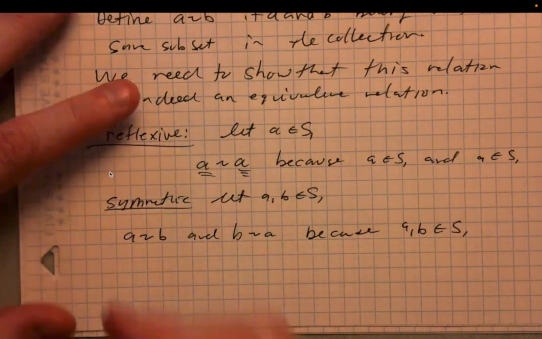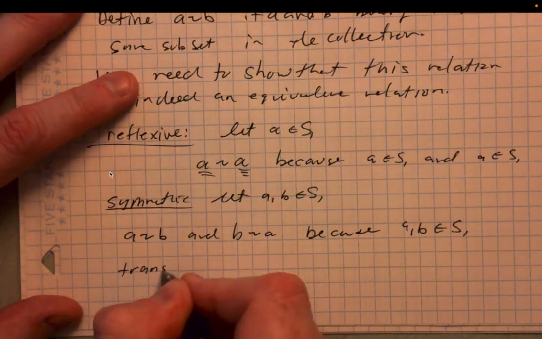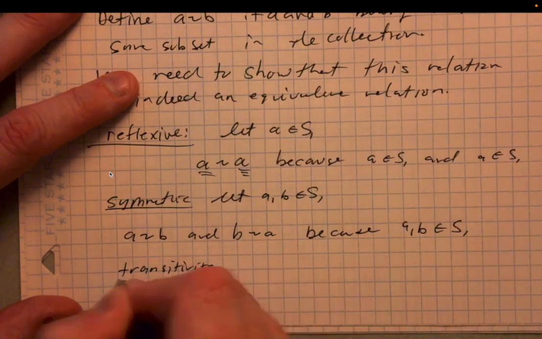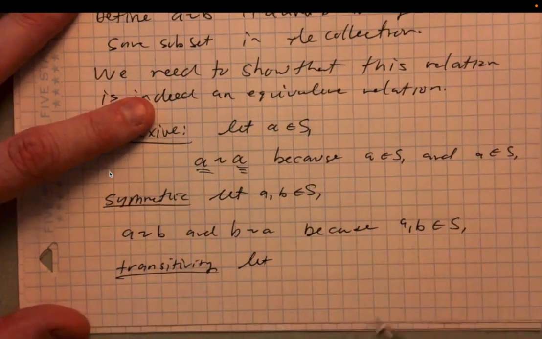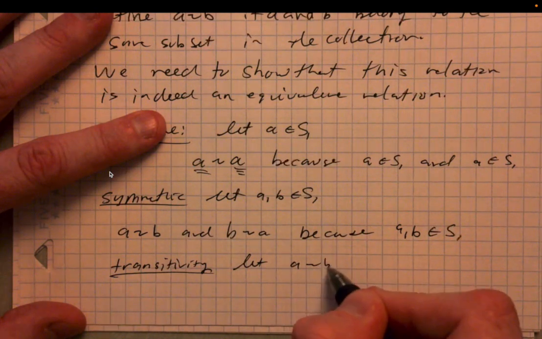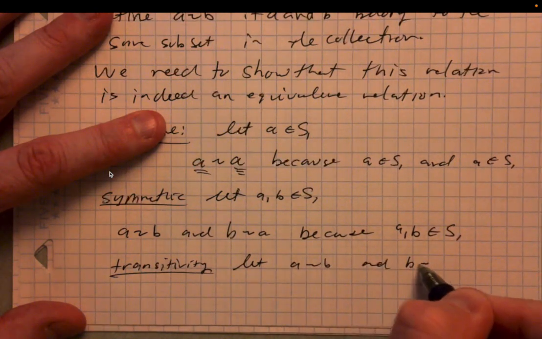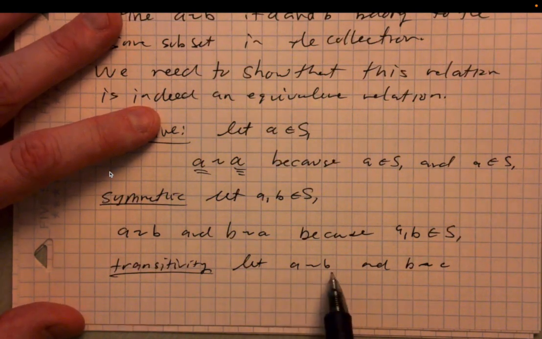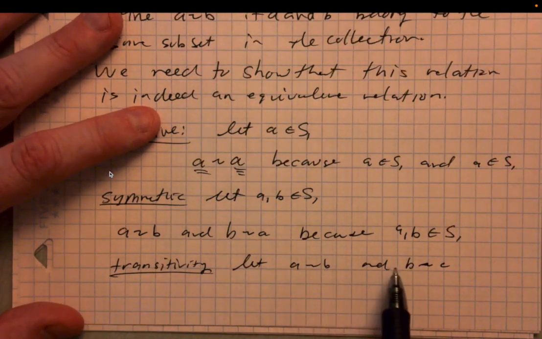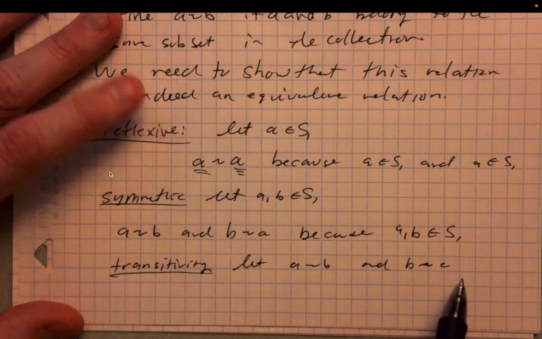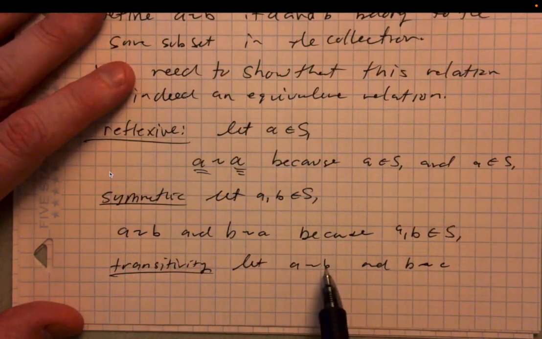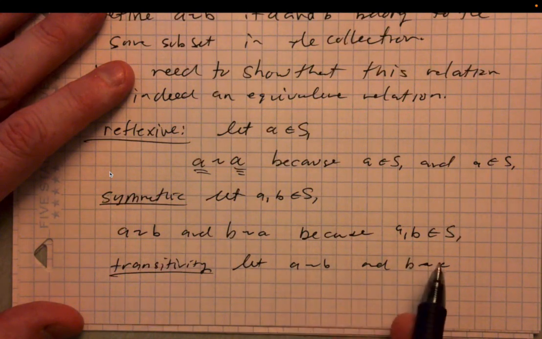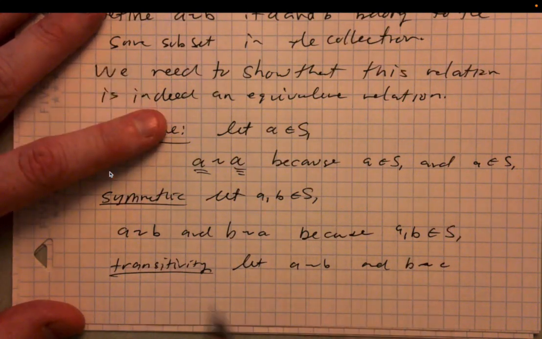Right, and transitivity follows just as easily. So let A be equivalent to B and B be equivalent to C. Well, A is equivalent to B means that A is in B's subset. B is equivalent to C means that B is in C's subset. So if A is in B's subset and B is in C's subset, then A is automatically in C's subset as well.